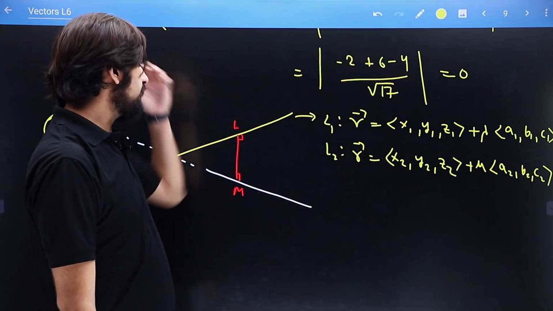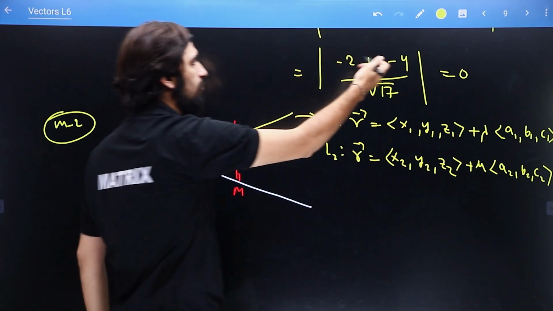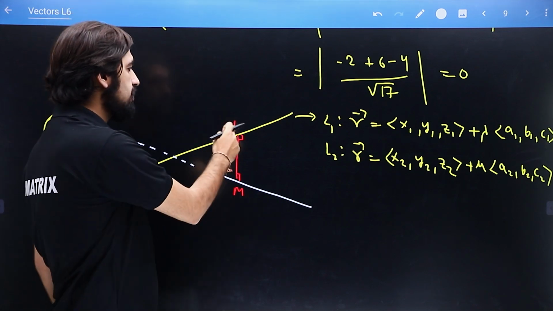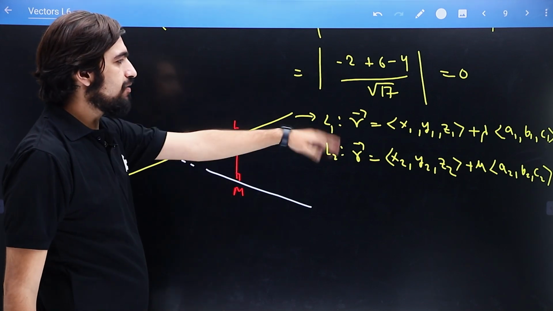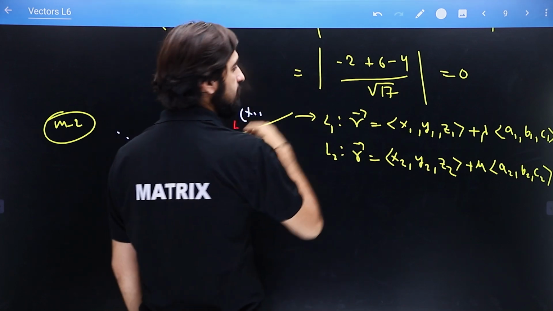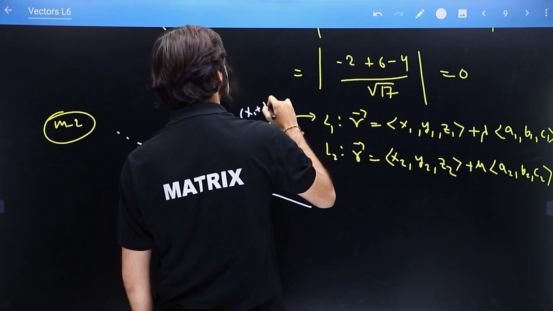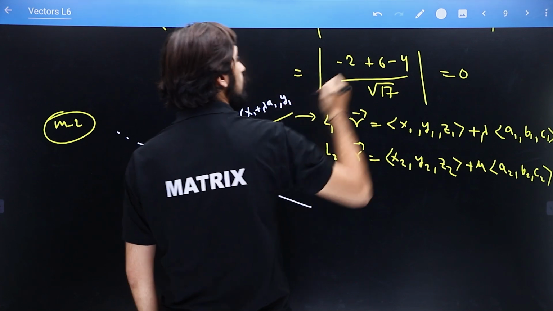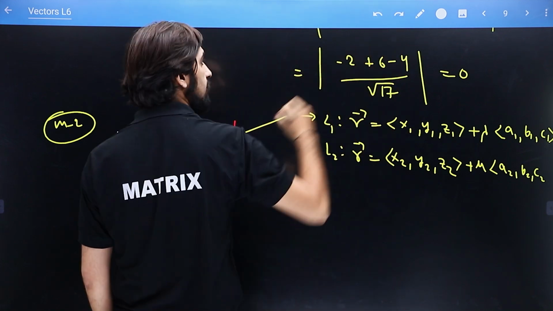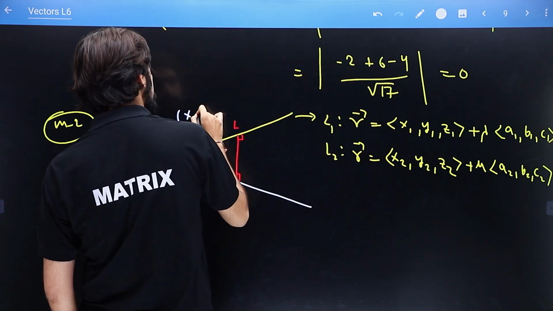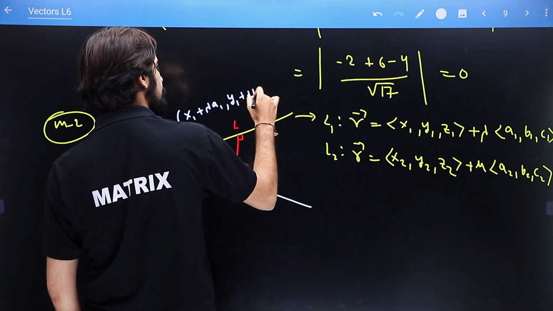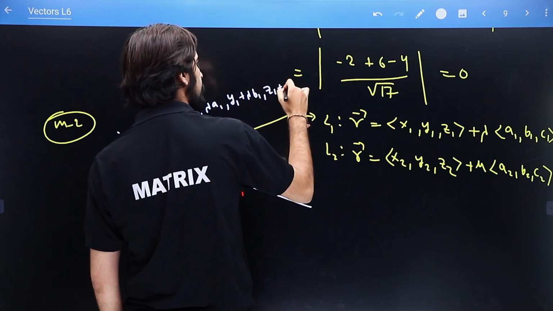So how are we going to find it? By the calculation method, not this vector form. Yes, we have to use some concepts of vectors also. What are the coordinates of L? Coordinates of L will be the general coordinates of L1: x1 plus lambda times a1, y1 plus lambda times b1, z1 plus lambda times c1.